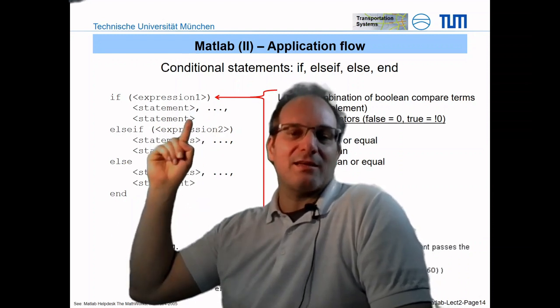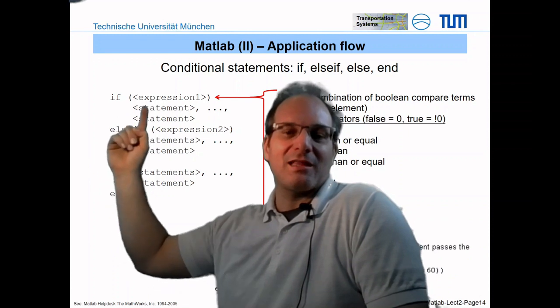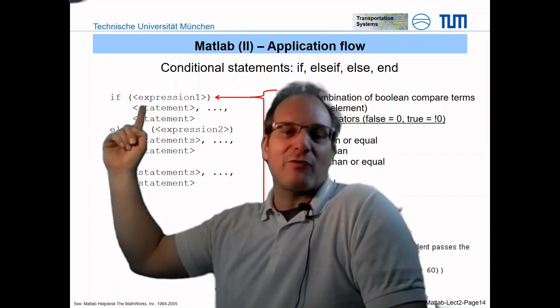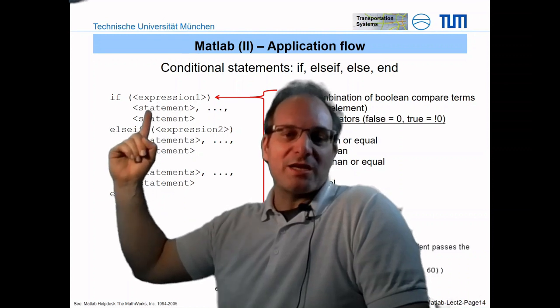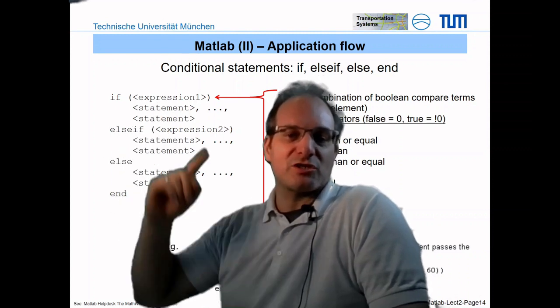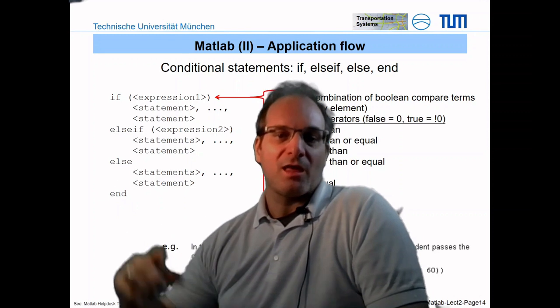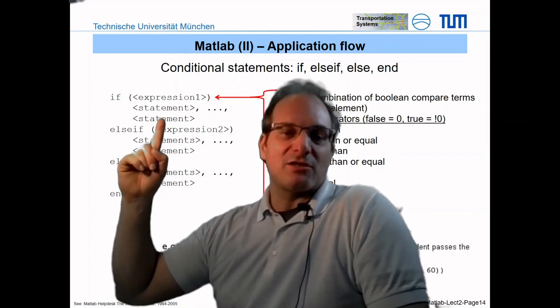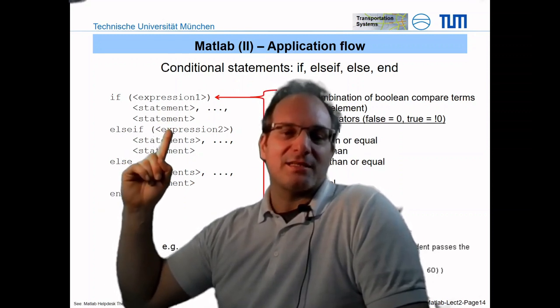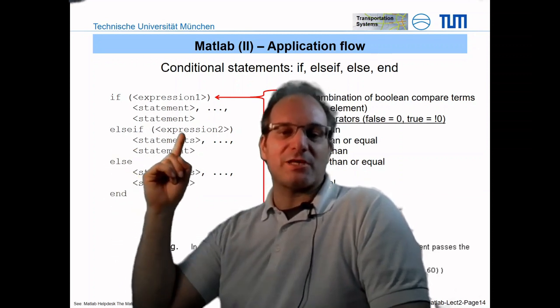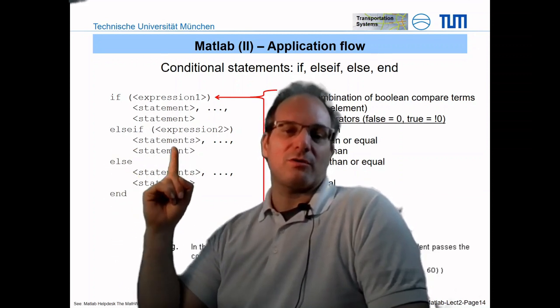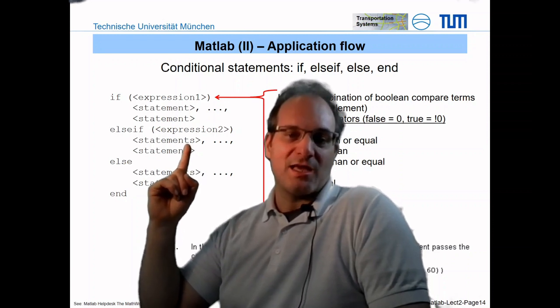You see again, remember, it's something like in the functions. You have a block of commands. This block of commands is just operated if this expression is true. Then if this is not true, go into the next else if. So else if this expression is true, do this block of commands.